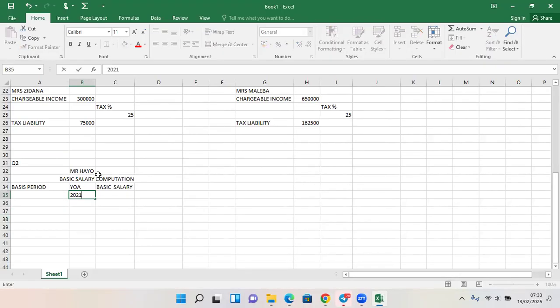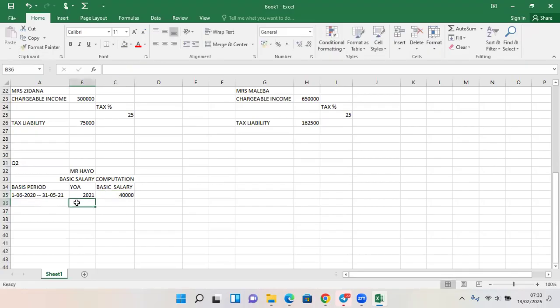So for 2021, the basis period is going to be 1st June 2020 up to 31st May 2021, and his basic salary is going to be 40,000.